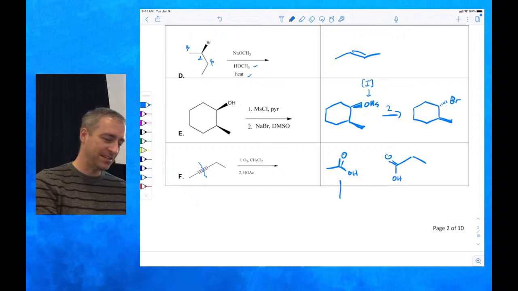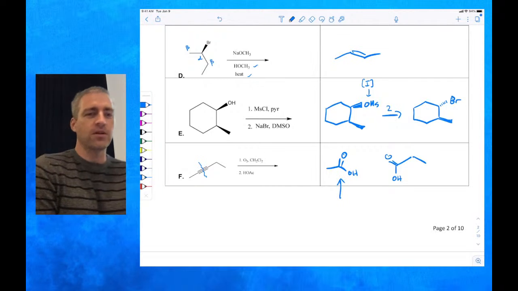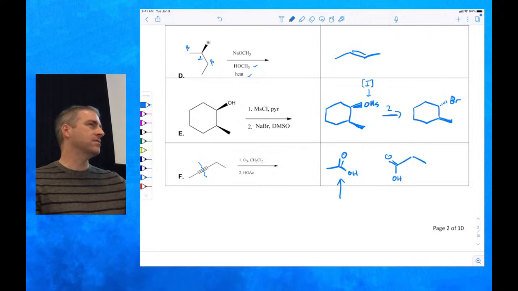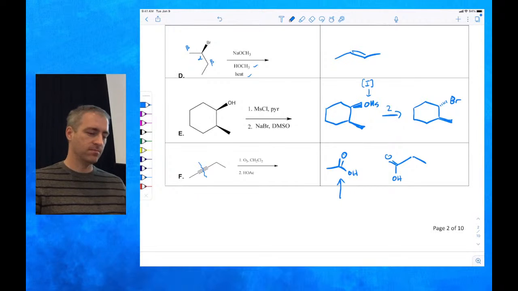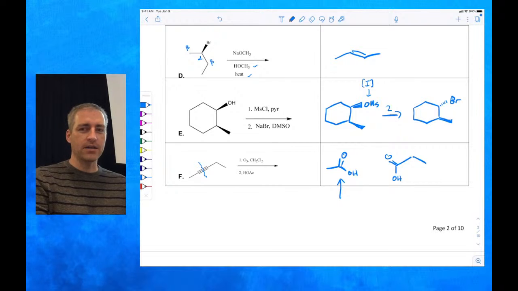So that's acetic acid there. But anyway, basically what you do when you're finished this reaction is you acidify it so you get neutral carboxylic acids as opposed to anionic carboxylates. Generally speaking, I think we usually want neutral products when we do these reactions.